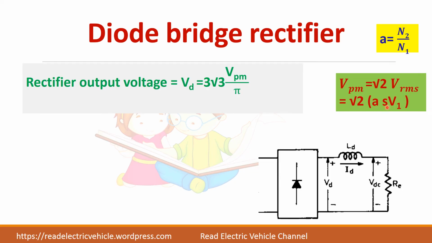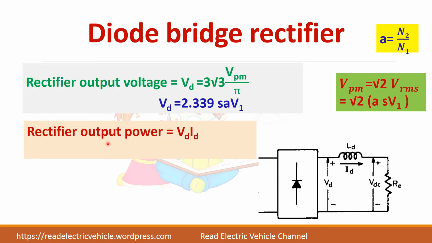We have already derived what is the RMS value. So root 2 into ASV1. So VD is equal to, you put all these things, you will get 2.339 SAV1. So this is the VD formula. So you have to remember what is the voltage here.